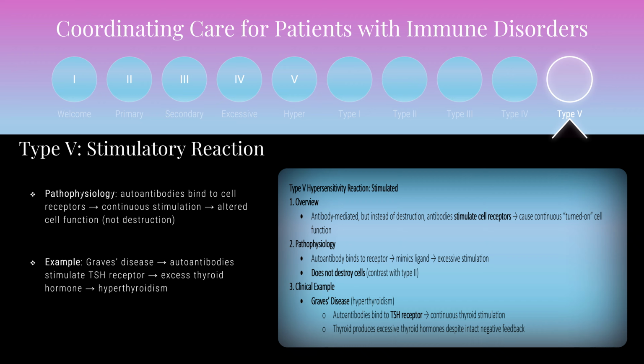So the example is in Graves' disease, autoantibodies stimulate the TSH receptor, excess thyroid hormone can lead to hyperthyroidism. So keep it nice and short, and few words for like an overview, patho, and some clinical example, and that's it.